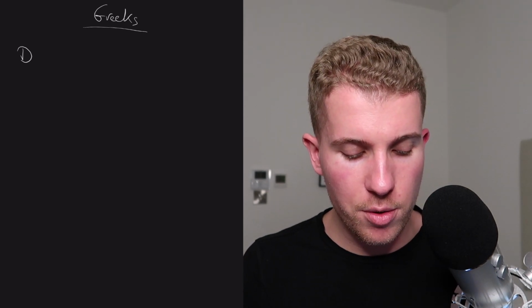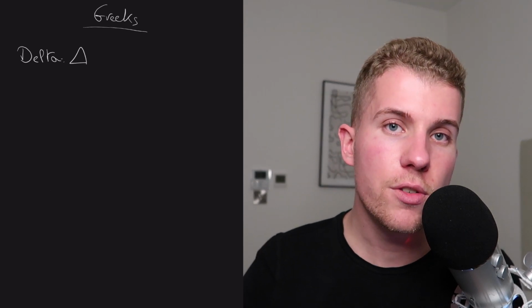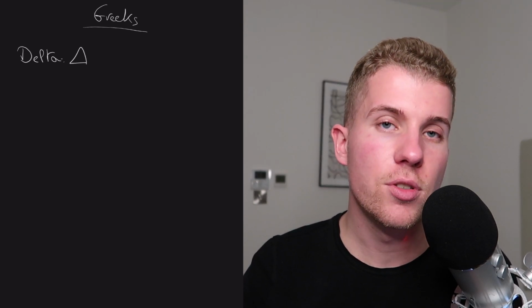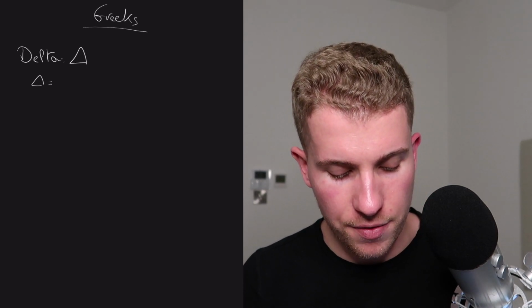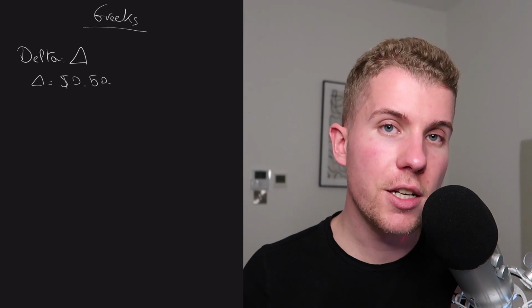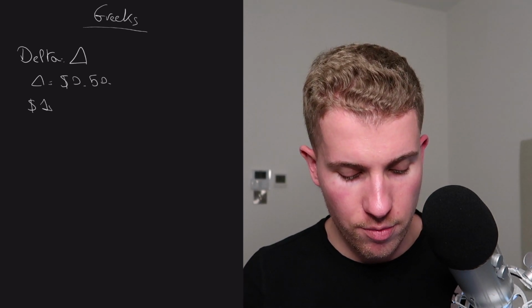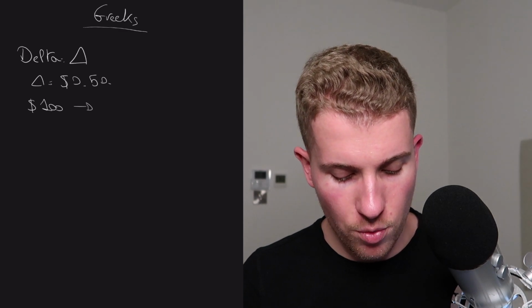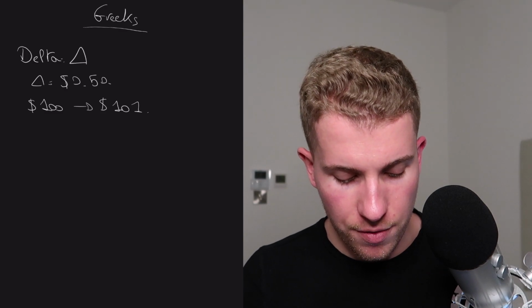So the first Greek that we can cover, which is probably the most famous, is what we call delta, and that's usually referred to by this triangle. Delta is how much value an option is going to gain or lose for every dollar change of the stock. For example, if you see that an option has a delta of, let's say, 50 cents, then for every dollar change in the stock price, if the stock is currently at $100 and it goes to $101, then the option will have gained 50 cents.